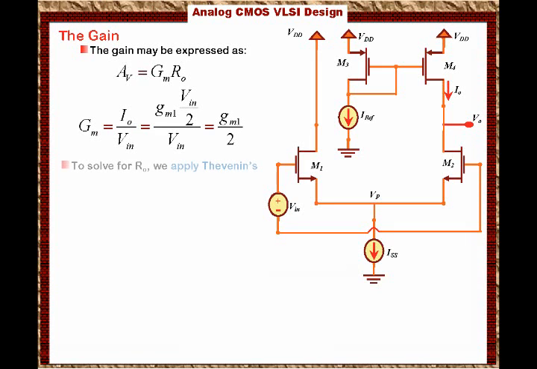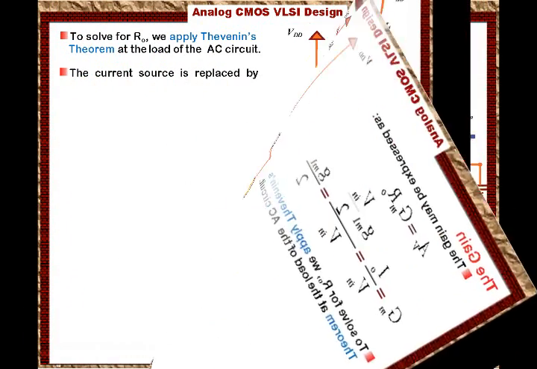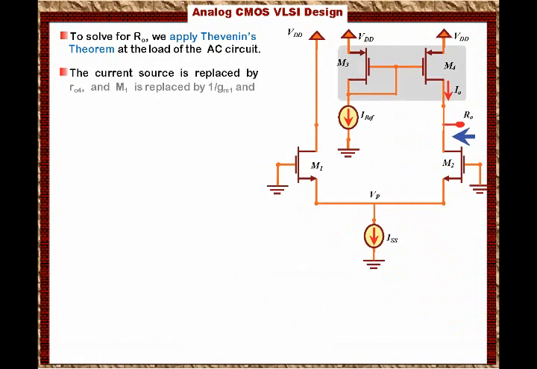To solve for RO, we apply Thevenin theorem at the load of the AC circuit. Then the current source is replaced by RO4, because looking back into the transistor M4, we will only see RO4. And M1 is replaced by 1 over GM, and M2 is replaced by RO2.